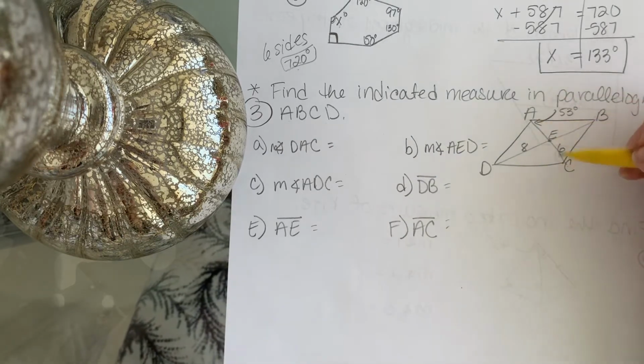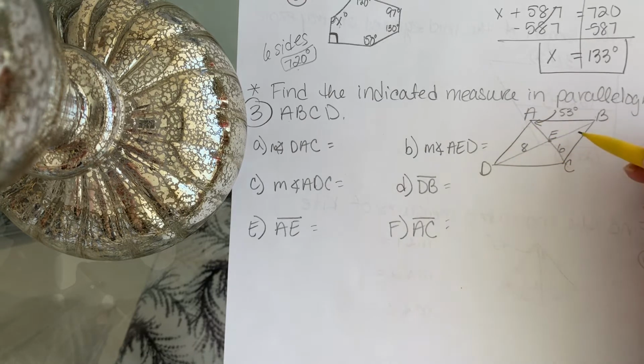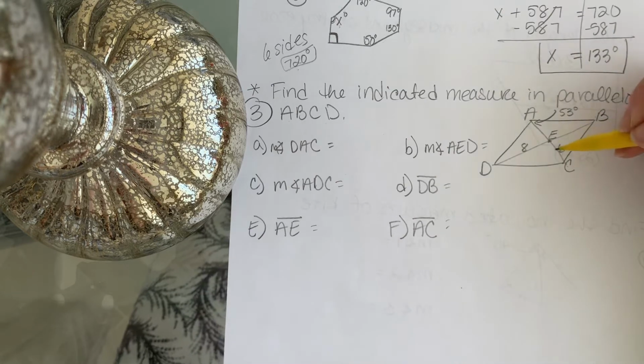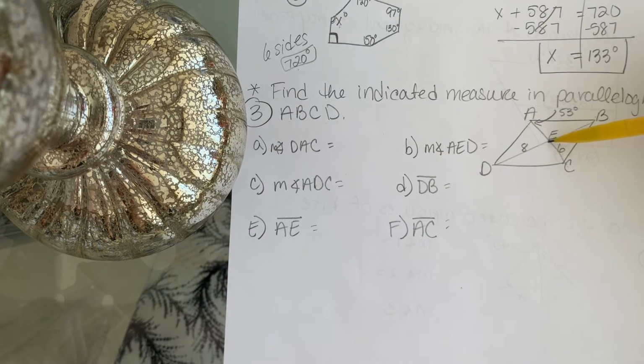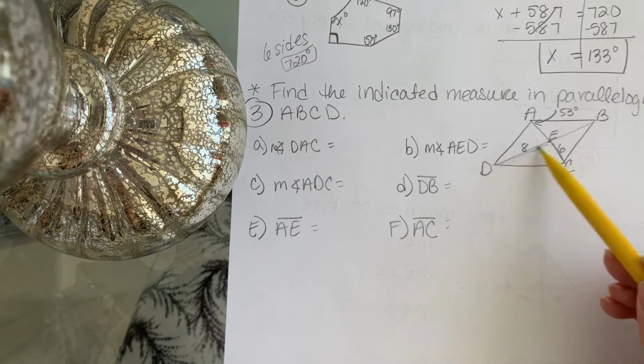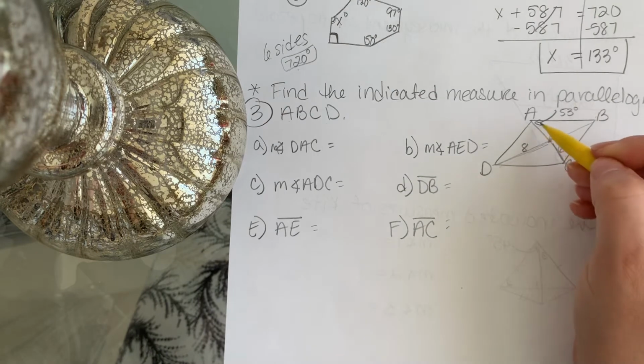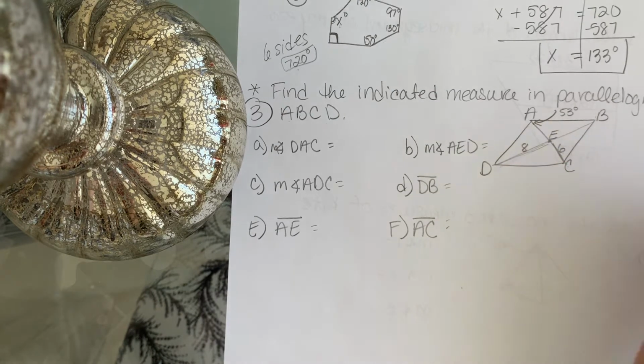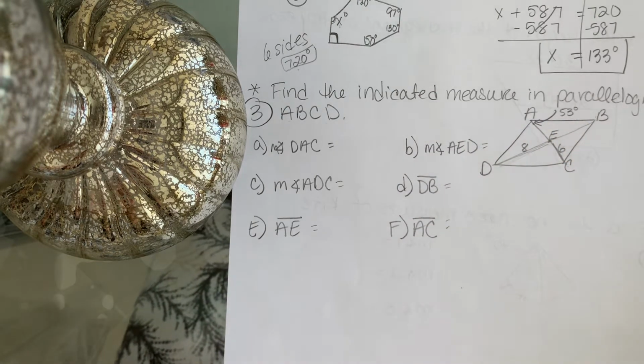We have our 2 diagonals, so I would say this is in the rhombus family, where you have 2 diagonals from AC to DB. They meet at a midpoint of E right here. Okay, they're stating that EC is 6, a measure of 6, and DE is the measure of 8, and you have this small little angle right here, which is 53 degrees.